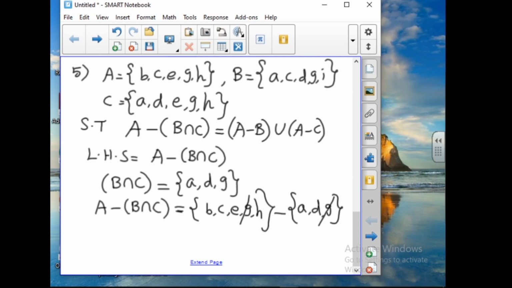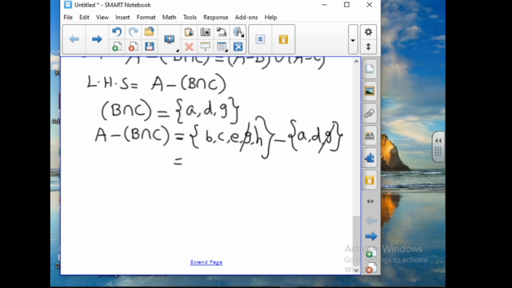So you omit the element G. What is the remaining? B, C, E and H. In difference, you write only the elements of the first set. So B, C, E, H are the remaining elements.